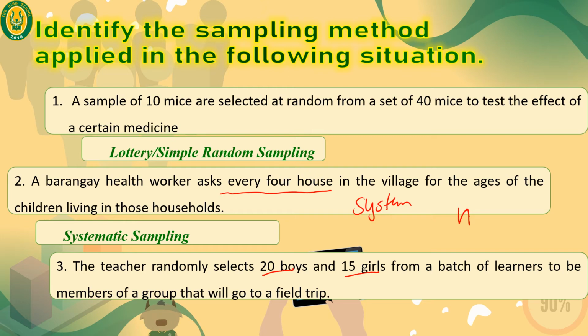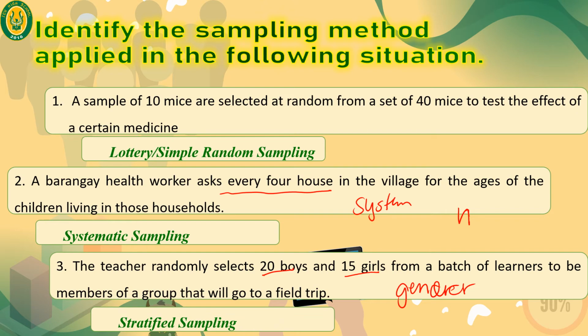So the data are actually based on a set of characteristics, or by gender. So the data will be coming from a group that is classified by gender, or a strata. Okay, so this is an example of a stratified sampling method.